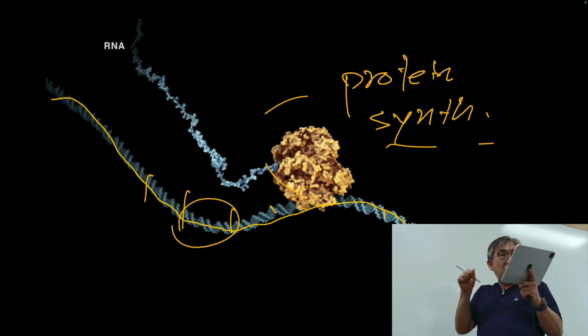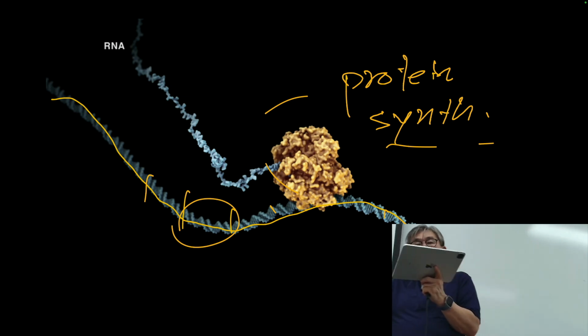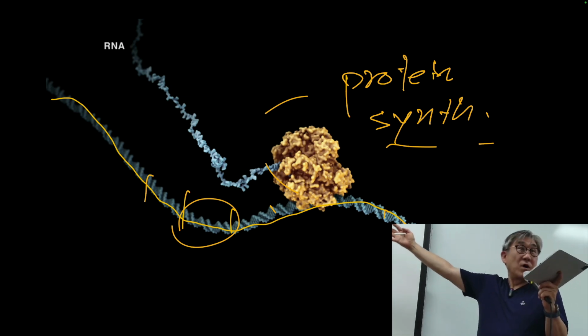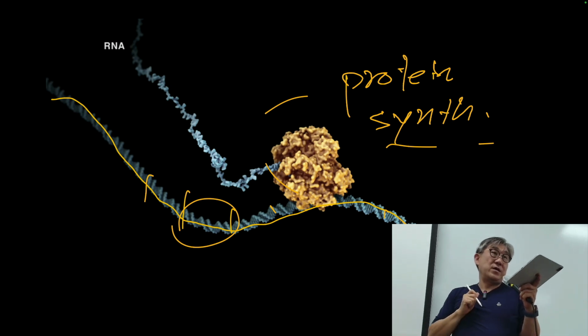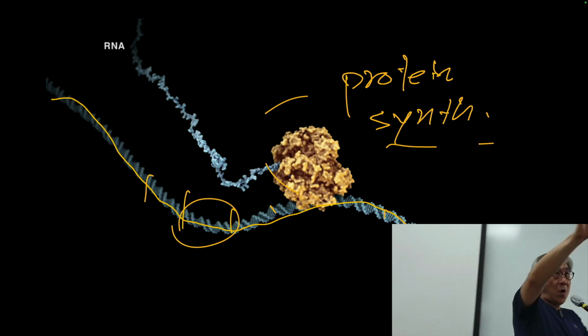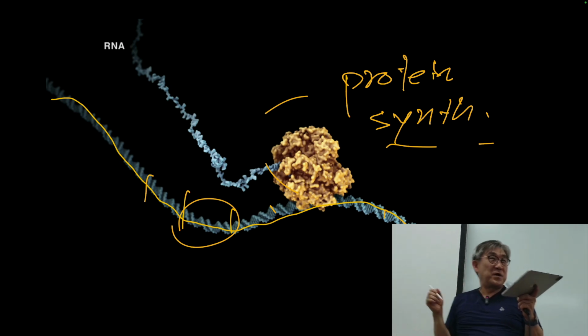DNA provides the actual information, the instruction: this is how you make a particular protein. That is always stored in DNA somewhere. And then RNA copies that information and goes to the protein-building machinery, the chef. I will compare it to a chef.